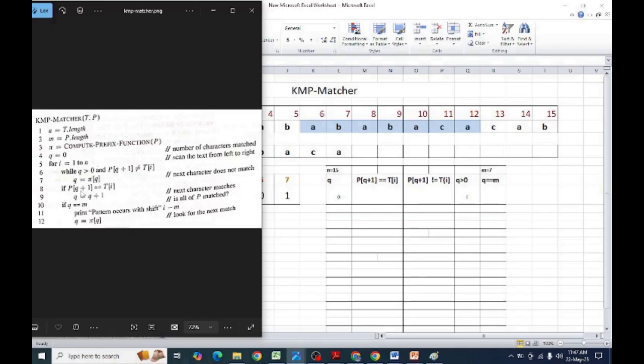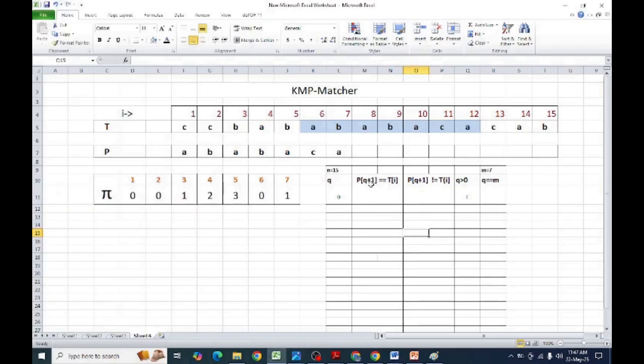If p of q plus 1 is equal to t of i: q is 0, q plus 1 is 1, then p of q plus 1, that is p of 1, is equal to t of 1.